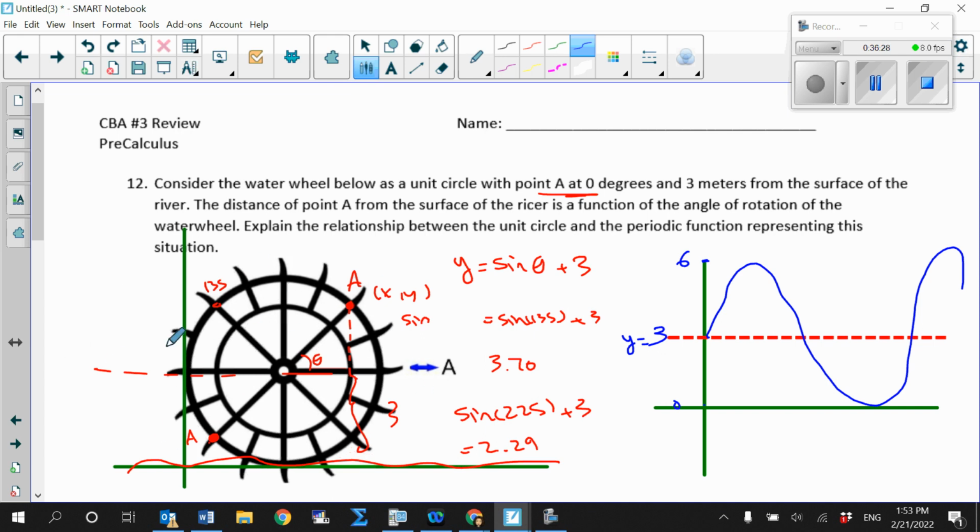So the function is also repeating itself. For this question, you need to explain this relation, say that it's a function like sine of theta, which is moved up 3, it's repeating itself, and the angle which is made is going to give us the height at each time. And this is the graph.